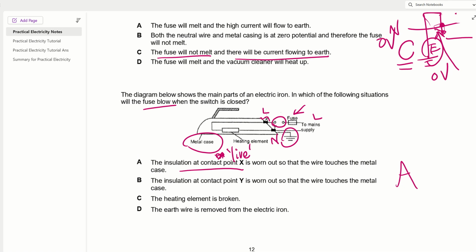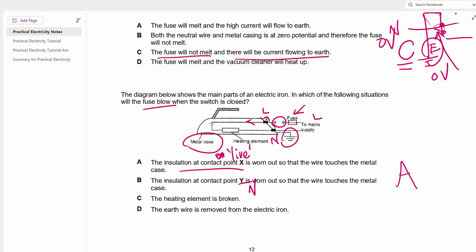At the same time, when the current is flowing into the appliance, there is also current flowing through the metal case into the earth wire. That means there will be excessive current, because now it's like a parallel path. So this will cause the current to exceed the fuse rating and the fuse will melt. So the answer is A. If it's at Y, it is a neutral wire, so it doesn't matter.